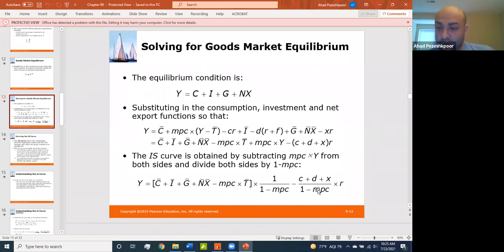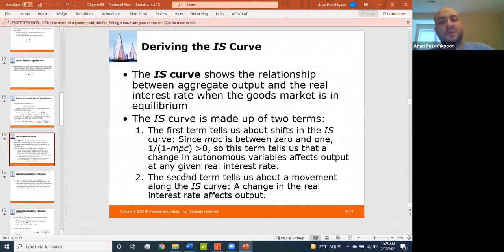So positive over positive will be positive, and there is a negative sign. Therefore, the slope of this function, which is a function of R, your real interest rate changing, will be negative. When the slope of a function is negative, the function will be going down. It's downwards.